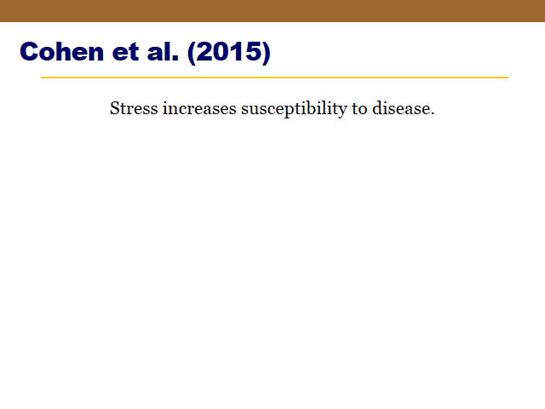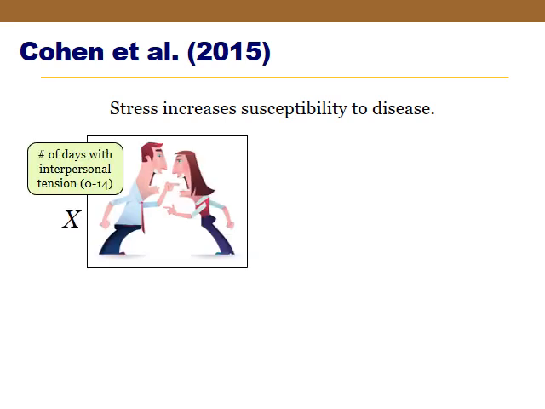The premise of this study is that stress increases vulnerability to disease, right? That's fairly uncontroversial. The way that they operationalized stress in this study was the number of days in the past 2 weeks that a person has experienced interpersonal tension.